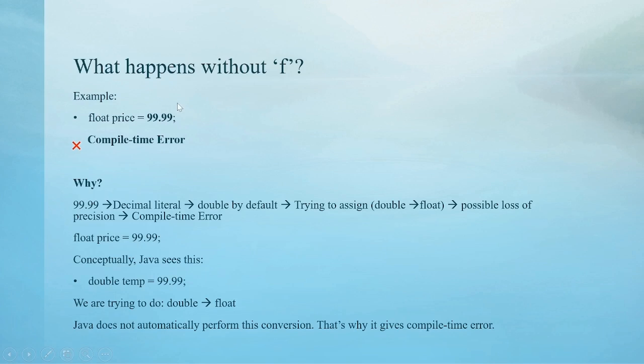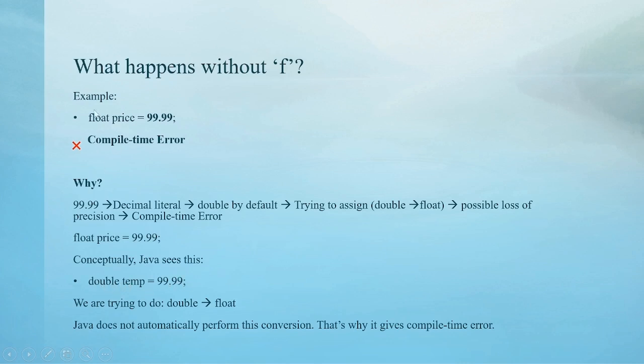So when it sees 99.99, this is a decimal literal, it treats it as a double by default, and we are trying to assign a double to a float. Conceptually, when we assign the value 99.99, Java internally assumes it as a double, like double temp is equal to 99.99.